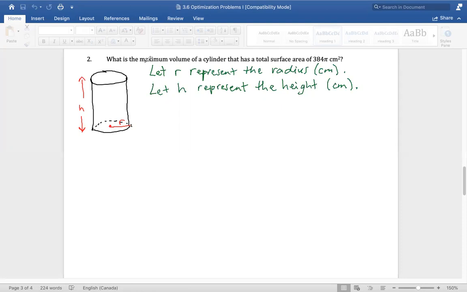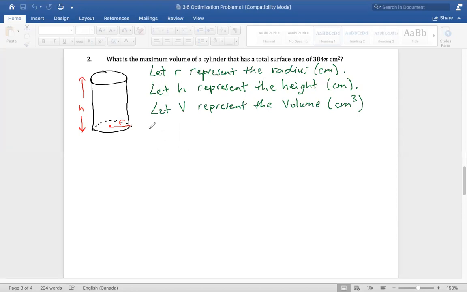And is there anything else? If I want to maximize volume, then I need a volume equation, right? So let V represent the volume. Now those units would be centimeters cubed, just to have that there. So we've got cubed for volume, squared for area, surface area, and centimeters for radius and height.